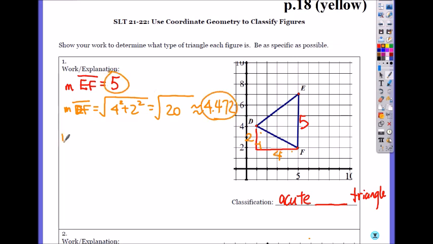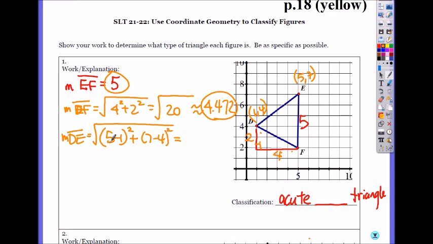What about measure of side DE? And this one I'll show you with the distance formula. So here is 5, 7. Here I have 1, 4. So the distance formula was x2 minus x1. So 5 minus 1 squared plus 7 minus 4 squared.